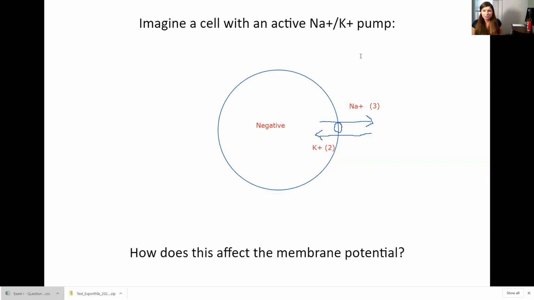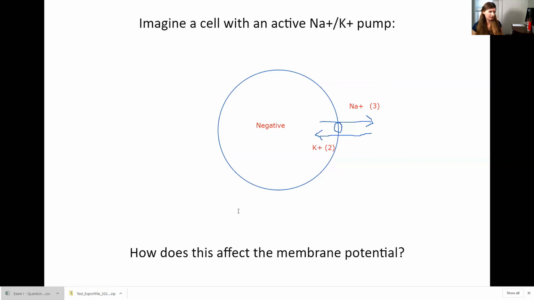But what we're really doing is comparing the inside of the cell to the outside of the cell. So the fact that we have more positive here outside the cell means that when we compare them, the inside of the cell is negative. So this is actually how we set up the membrane potential of our cells.